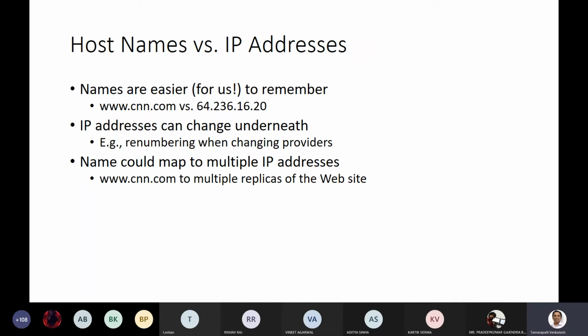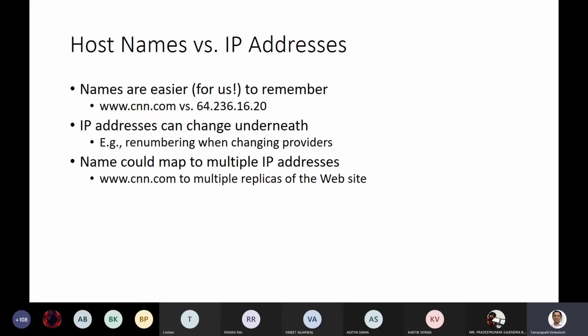Nowadays, increasingly, there is another use of this name to address mapping for reliability purposes or for better scalability purposes. The same website is being hosted in multiple machines, and each machine could be at different locations.